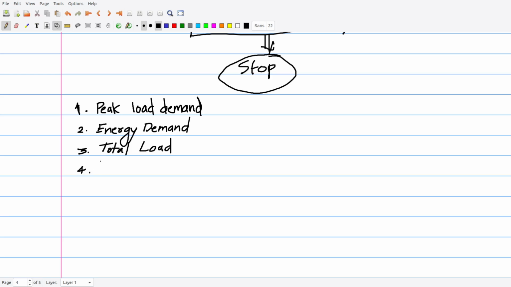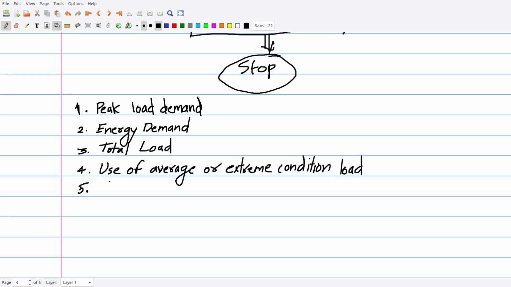Fourth parameter is use of average or extreme condition load. And fifth one is time period. Got it. So all these five parameters are there. There are many parameters you can add to this as a load forecaster if you have any.